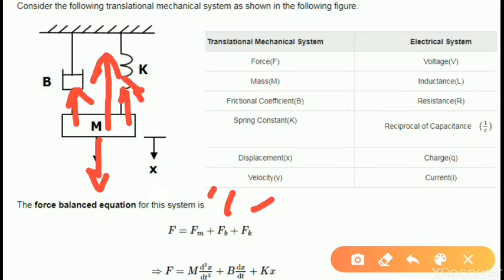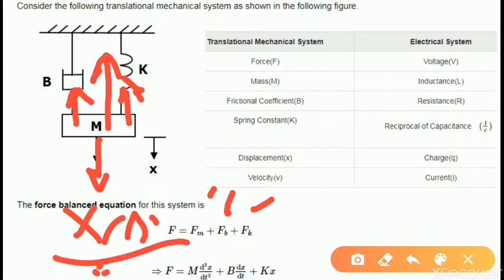So we can find out the relation for the transfer function, X(s) upon F(s). This is the transfer function in the form of Laplace transform.